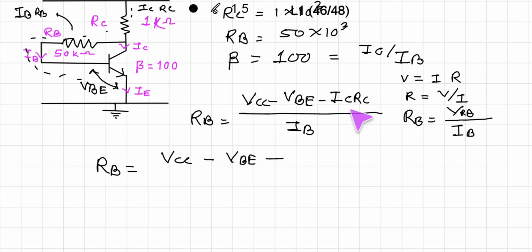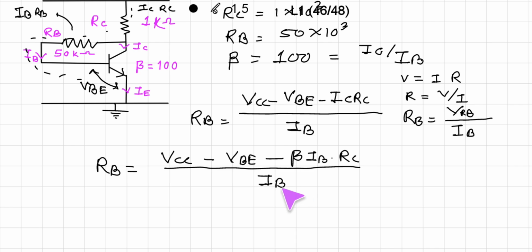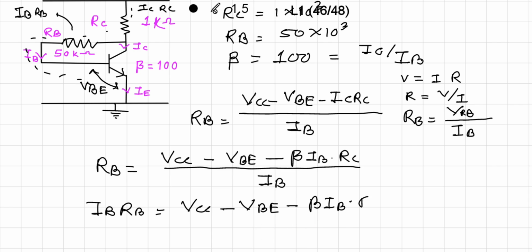But we know that beta is equal to IC upon IB, so IC is equal to beta times IB. So we can write beta times IB into the value of collector resistance RC, divided by the current IB. From this we can write IB RB is equal to VCC minus VBE minus beta times IB into RC.